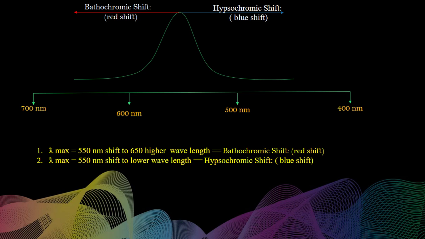Suppose we have lambda max in the region of 400 to 700 nm.